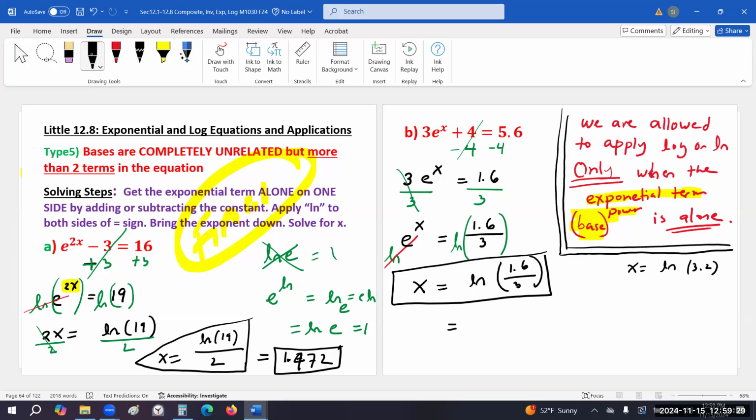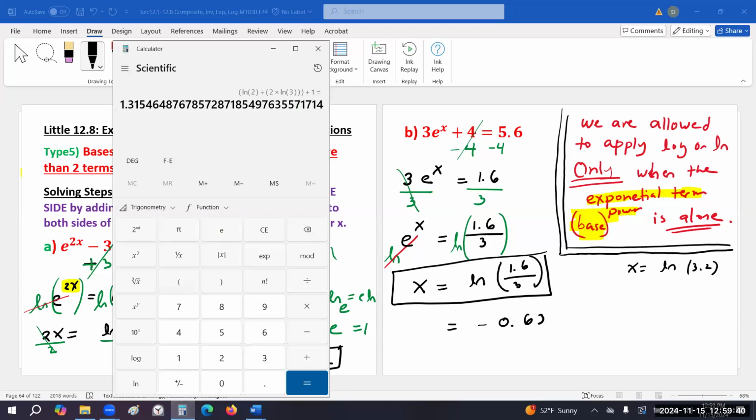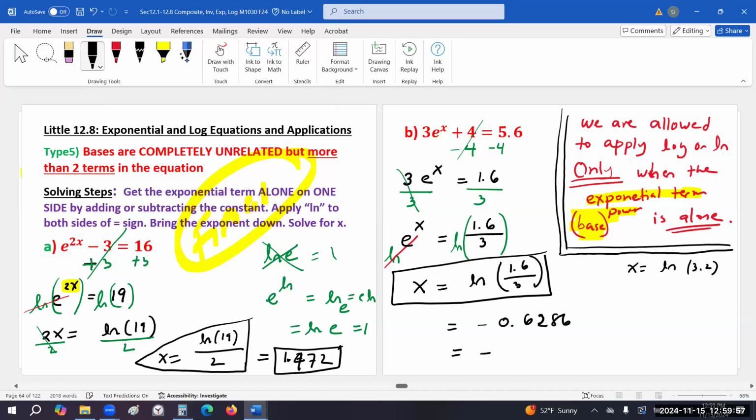Now how much is it? Okay, let's see. We have 1.6 divided by 3, and we are applying ln. Let's round to 3 places: 0.533. That gives us negative 0.629. If you put 3 places inside the log, you put ln of 0.533.